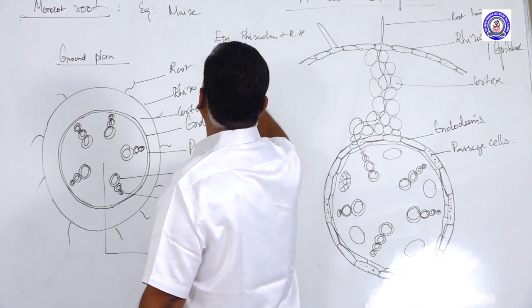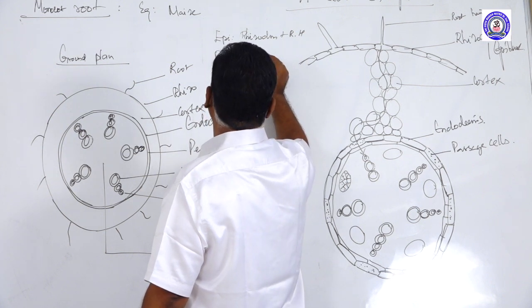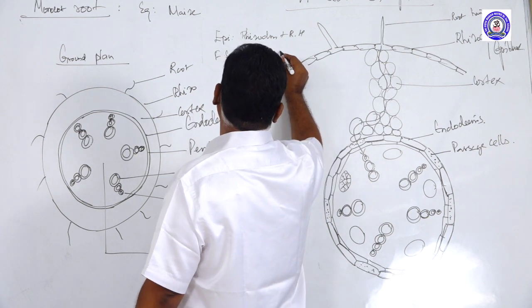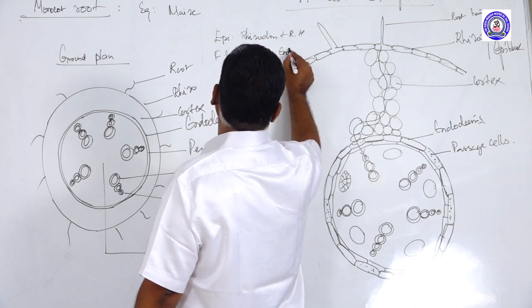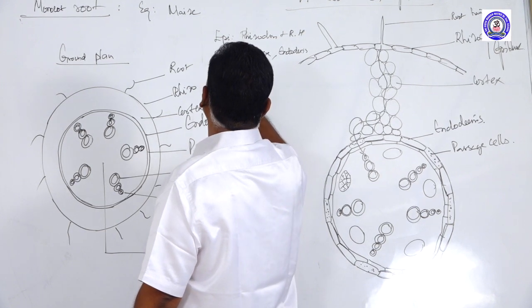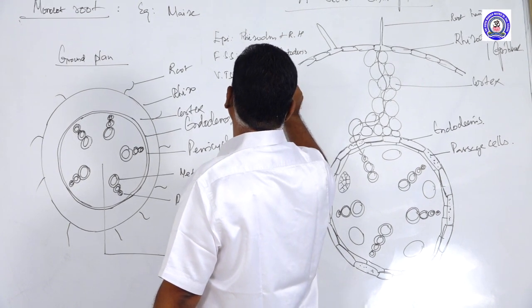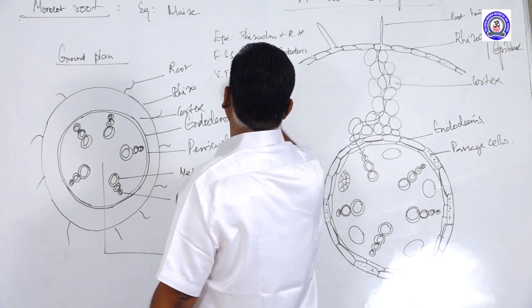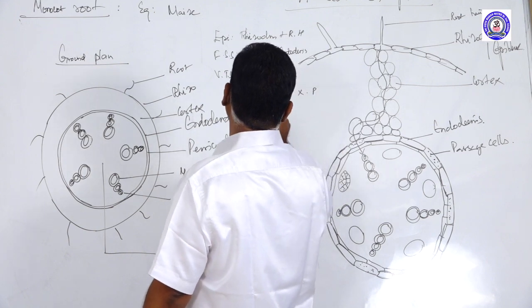Your fundamental tissue system or ground tissue system is made up of cortex, endodermis and pith. Then the vascular tissue system is made up of pericycle, vascular tissues, namely xylem and phloem, then pith at the center.